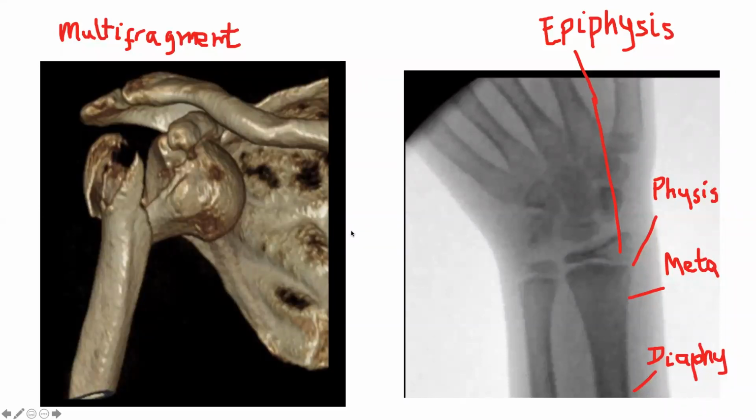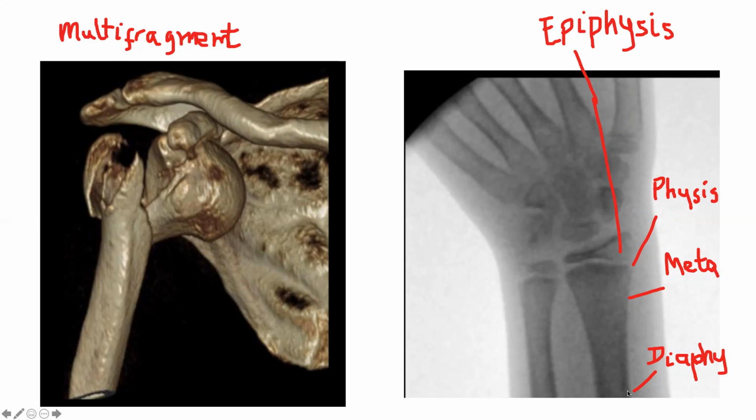So here, what I want to mention is the different parts of the long bone. The growth plate we have seen is called the epiphyseal plate, or in short, physis. The bone which was initially the secondary ossification center, now that it became bone, we call epiphysis. And this is the bone which is formed from the primary ossification center.